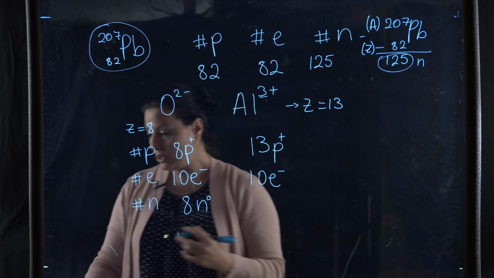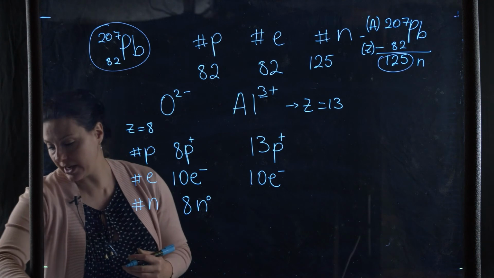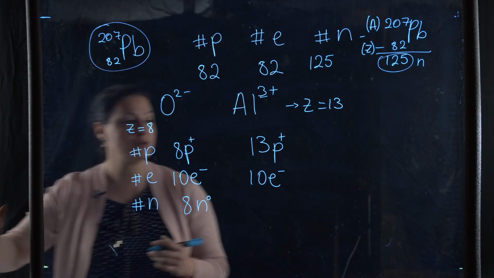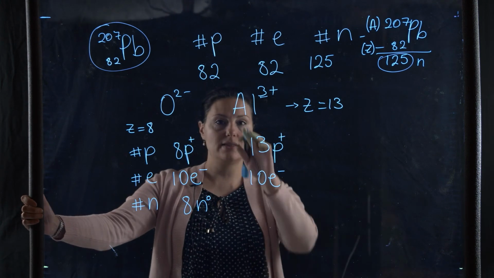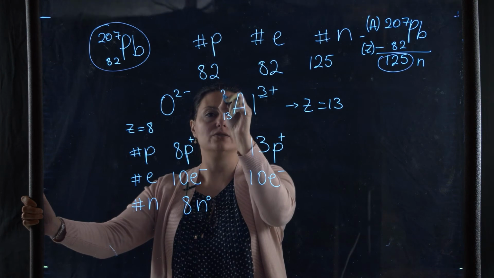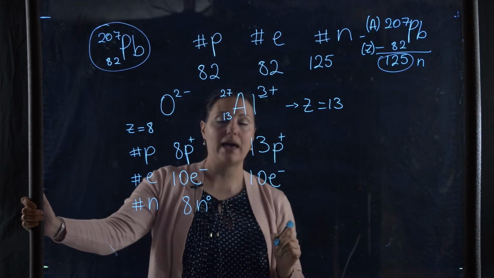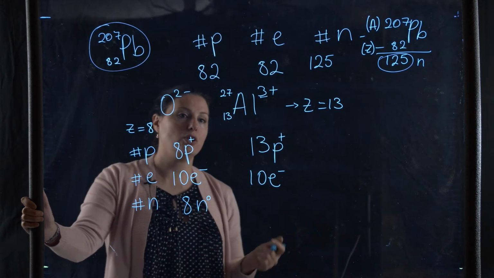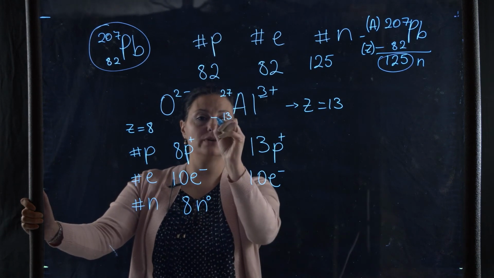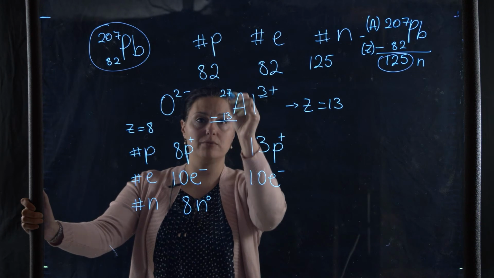And then I'm going to just pick approximately a number for aluminum. So let's do Z of 13 here, and 27 as the atomic mass for aluminum. To calculate the number of neutrons, all you have to do is subtract the bottom number from the top number.